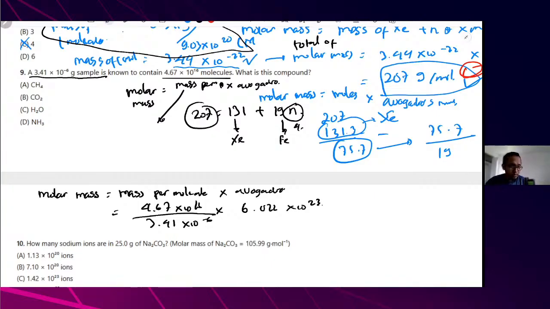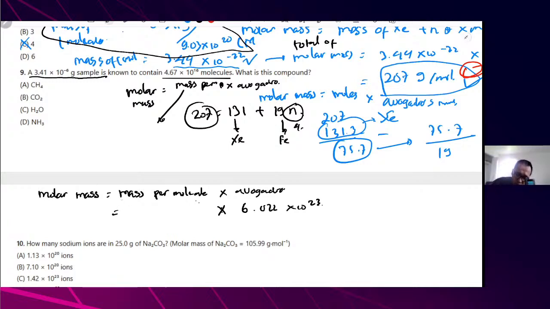Hopefully 4.67, or maybe we should be getting the opposite. So yes, it should be opposite. We need to know the mass per molecule, and it contains this one.